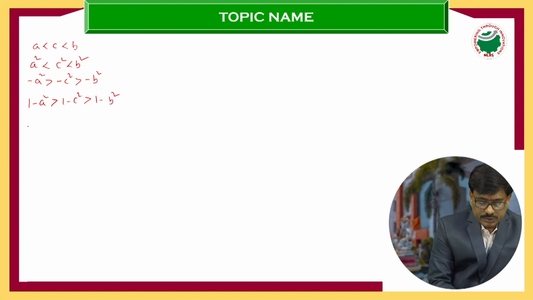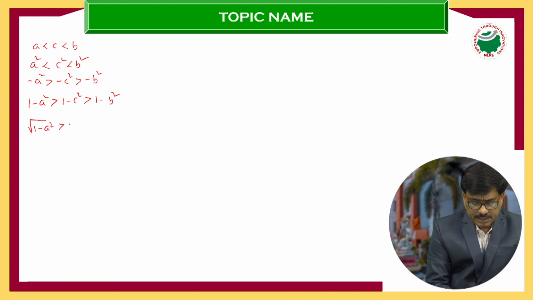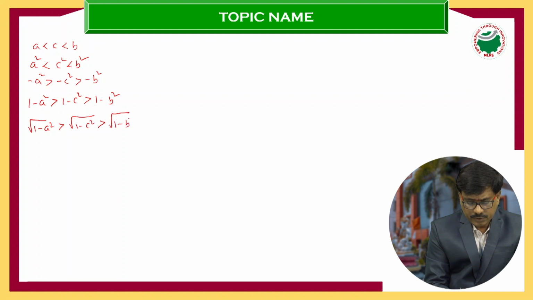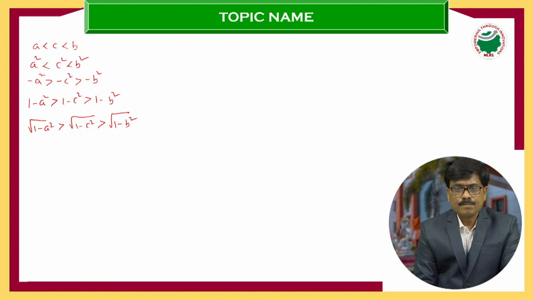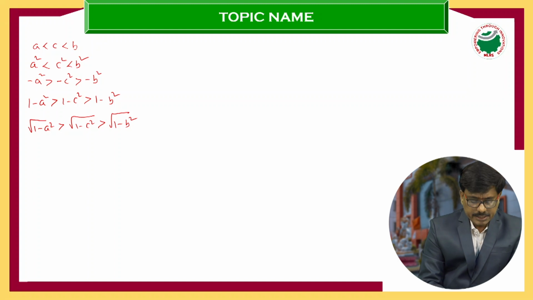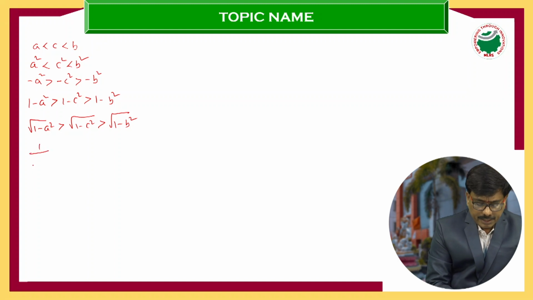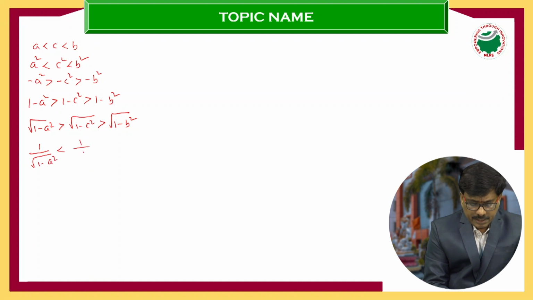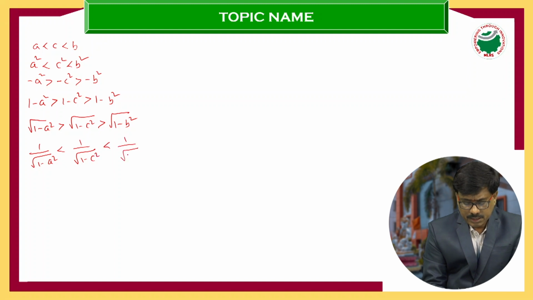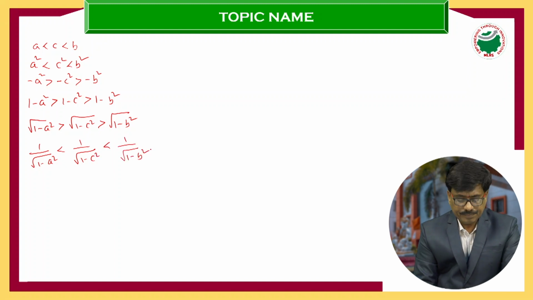Applying the square root, under root of 1 minus A square greater than under root of 1 minus C square greater than under root of 1 minus B square. Taking the reciprocal, 1 by under root 1 minus A square less than 1 by under root of 1 minus C square less than 1 by under root of 1 minus B square.